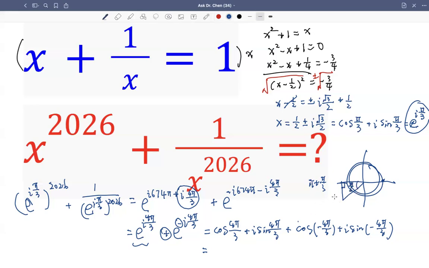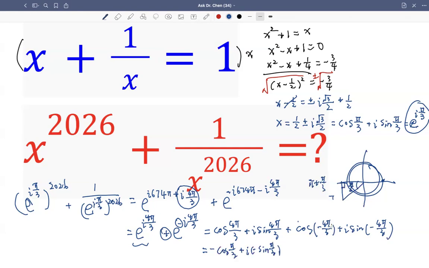So in the third quadrant, cosine is a negative value, sine also a negative value. So this one we get negative cosine pi over 3, which is negative half. Then plus i sine 4 pi over 3, which is i times negative sine pi over 3.